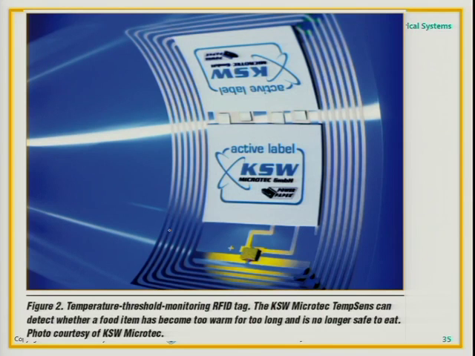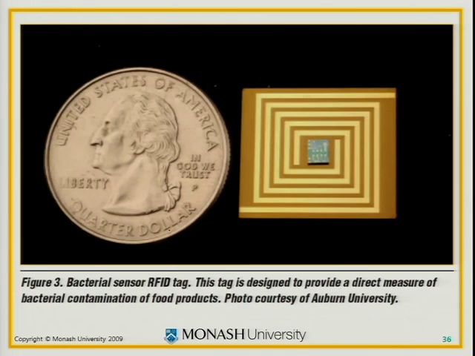So you could be moving your milk around the place, but if you are constantly monitoring the temperature, and it goes above a certain temperature for long enough, it's locked into the tag. Okay? And so when you read it, you find out, this one's in trouble. It hasn't been safe. So that's going to have, I think, pretty amazing applications for food security.